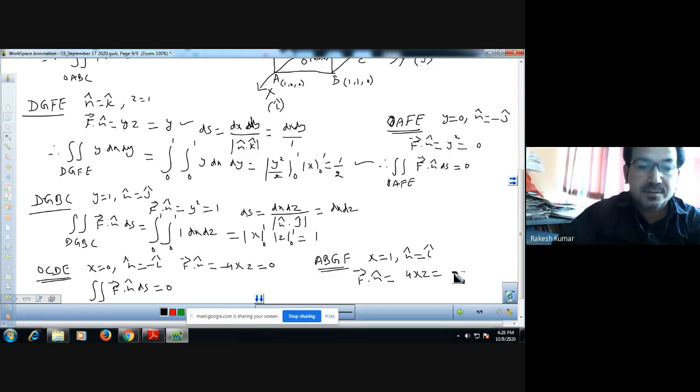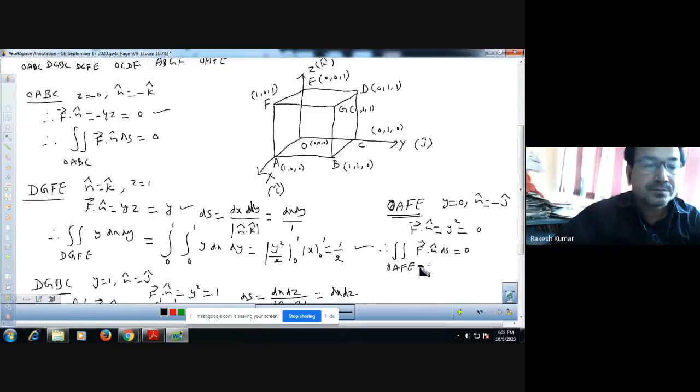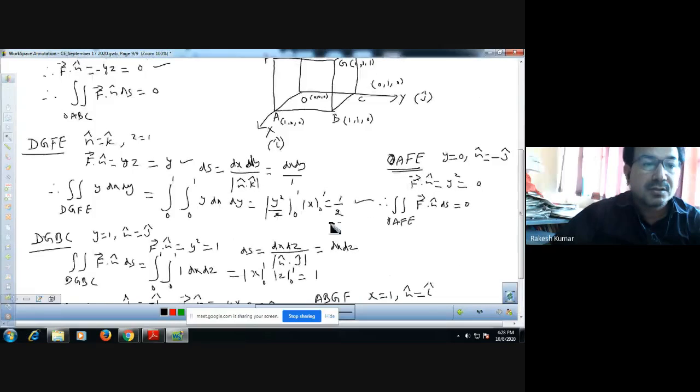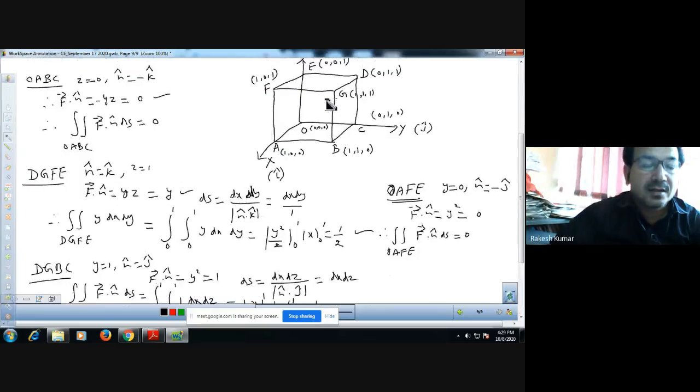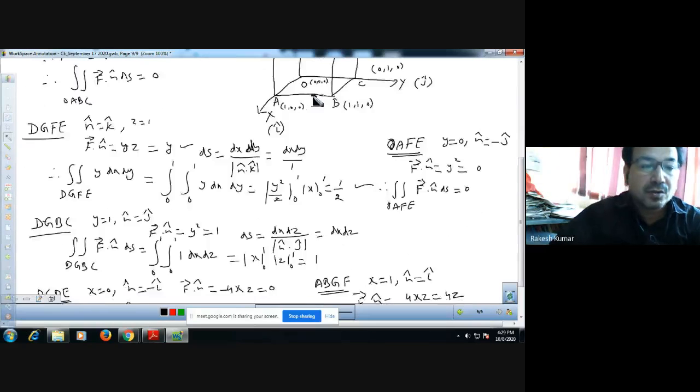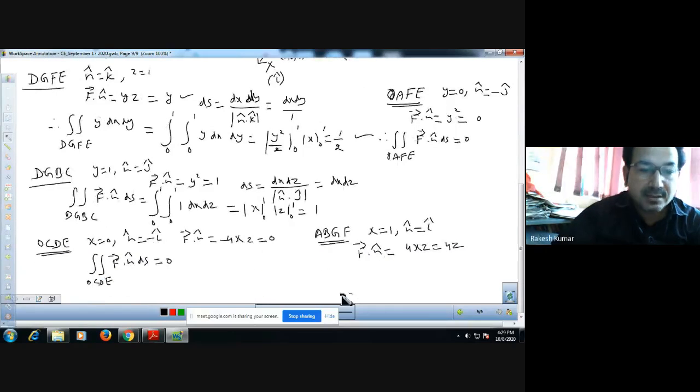X can be substituted as 1, so it comes out to be 4z. And because this is the face ABGF, which is along the x-axis but lying in the YZ plane, you will find ds accordingly.